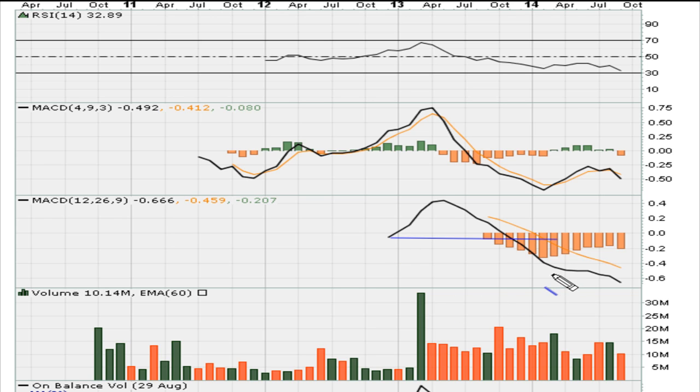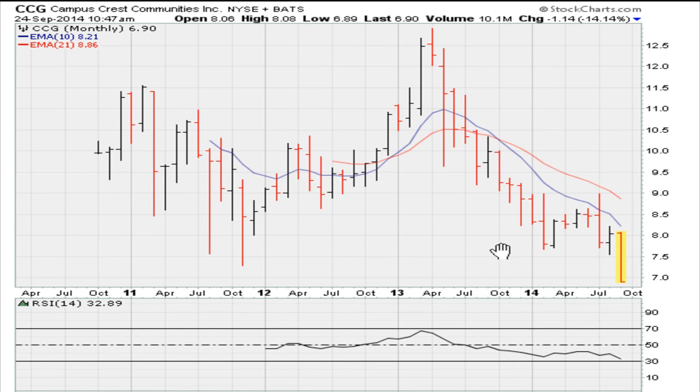That was already confirmed. Another move to 3-year lows on the MACD, and after breaking down here, we are still below that line. So the MACDs were moving below 3-year lows, all-time lows, which is the reason why the stock is experiencing this drop. Let's go on to the next one.